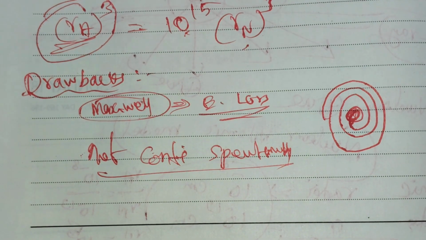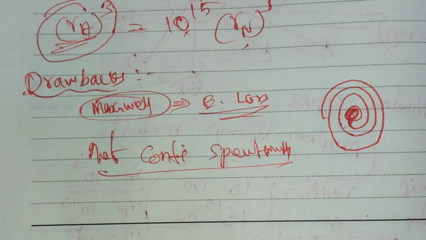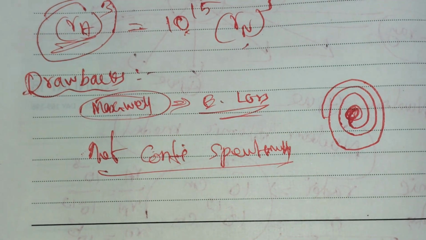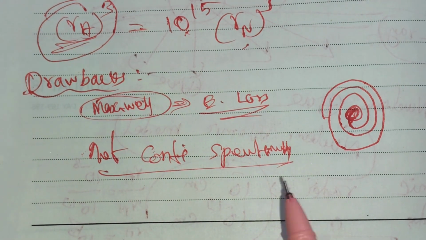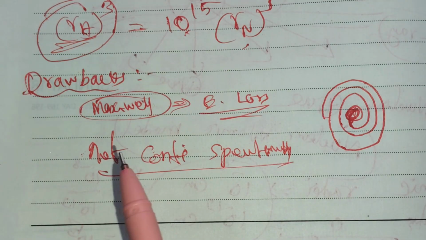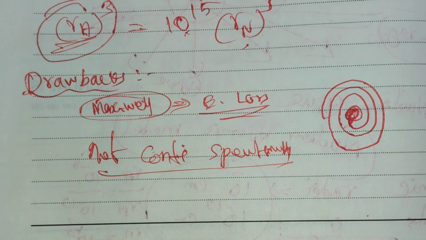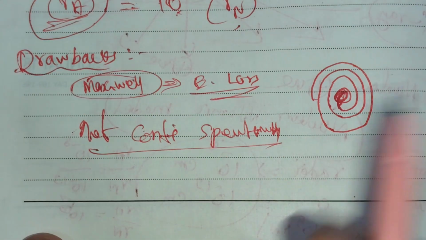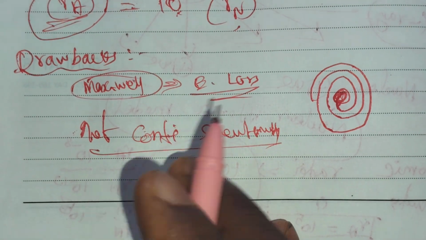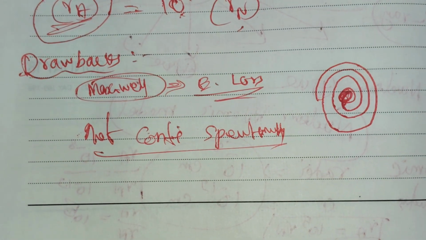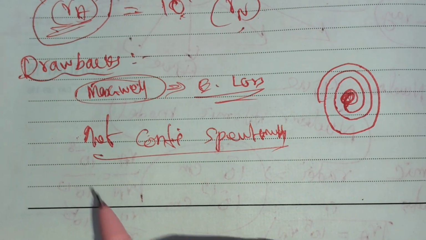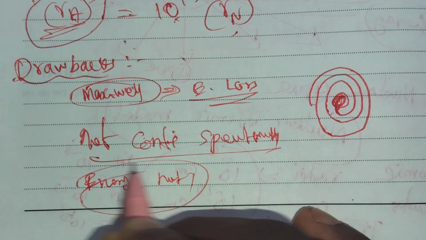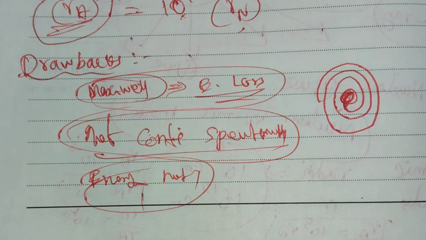That is the second drawback: if the electrons lost energy continuously, the observed spectrum should be continuous, but the actual observed spectrum is not. So the loss of energy by electrons in an atom is not continuous. The last one: it says nothing about the distribution of electrons around the nucleus and the energy of these electrons. So energy is not explained. These three are the drawbacks of the Rutherford model.